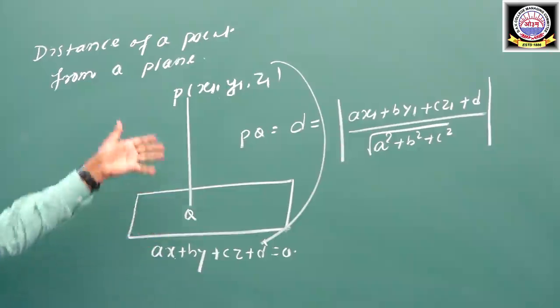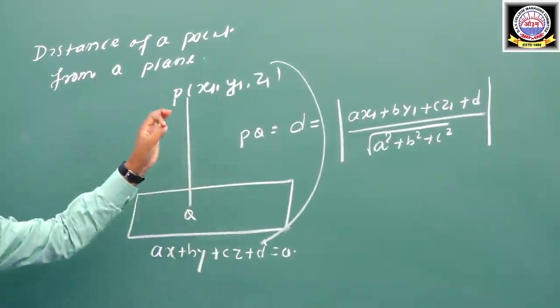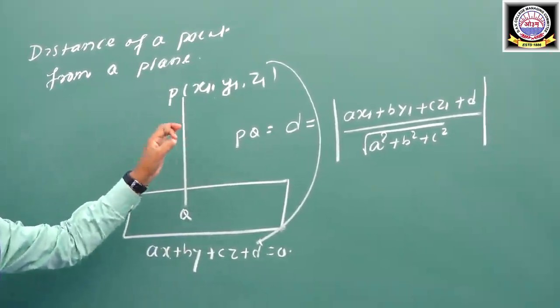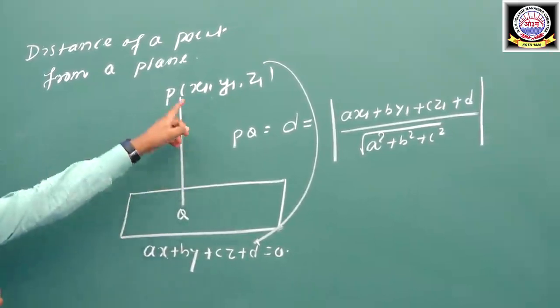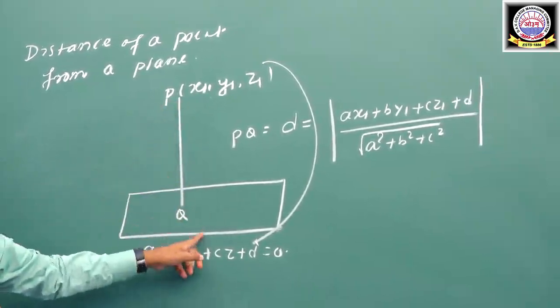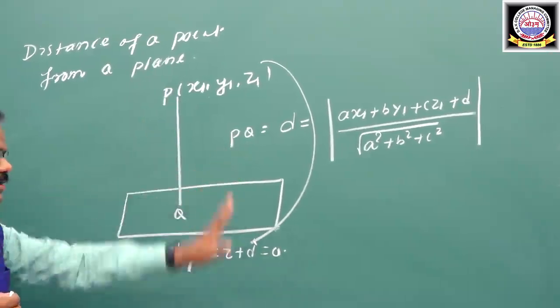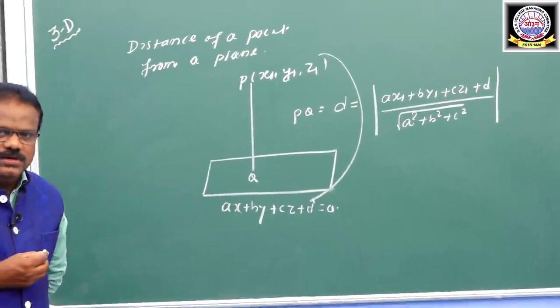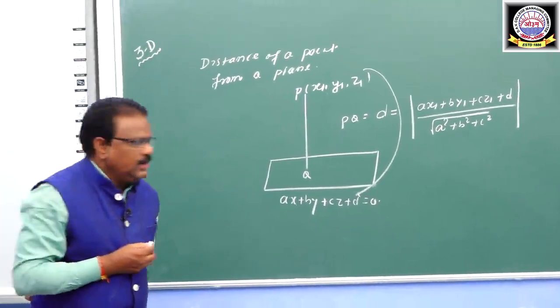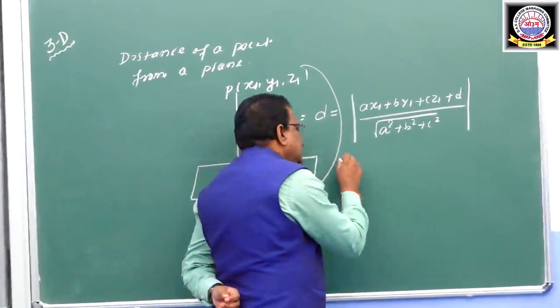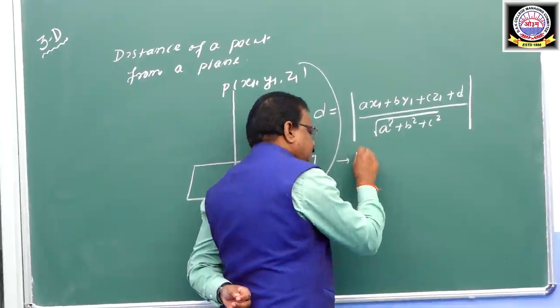It is the same formula. Only remember this: if asked to find the distance of a point from a plane, put the point in the equation of the plane, divided by the square root of a square plus b square plus c square.